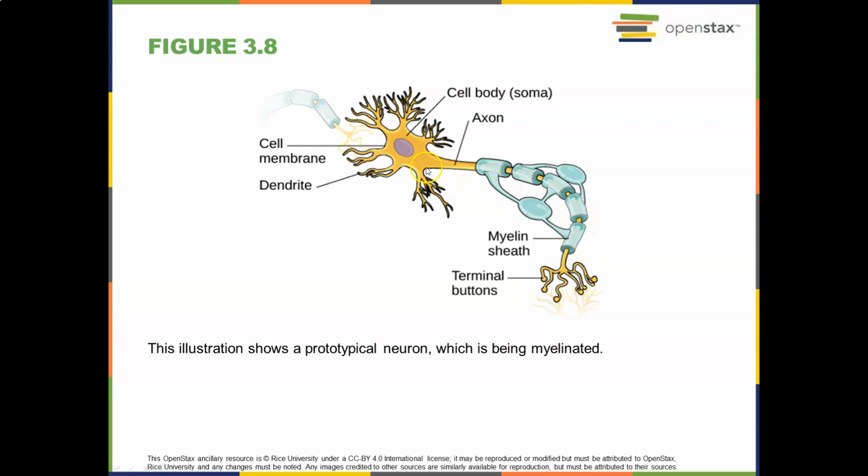So the more myelin around an axon, the quicker the transmission of the neural impulse, the nerve impulse, and the quicker the communication.